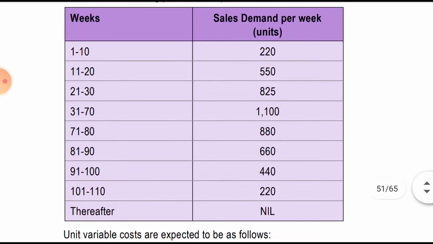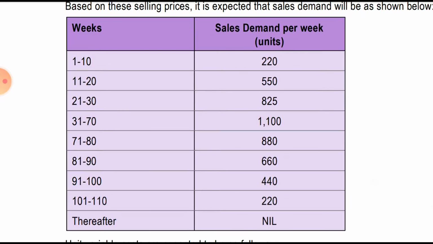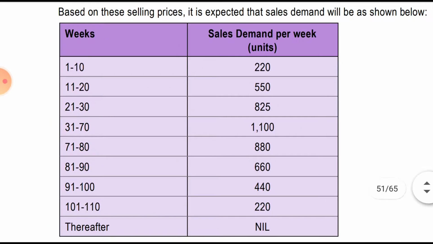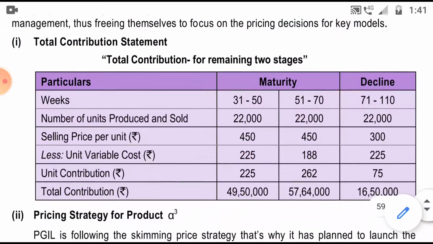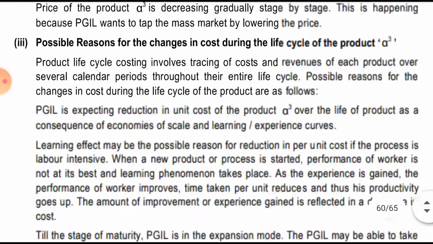Till that period it keeps increasing, because the sales demand is continuously increasing. So the company will ask for a discount from the supplier, as they would be buying in bulk quantity, for enjoying the benefit of economy of scale.